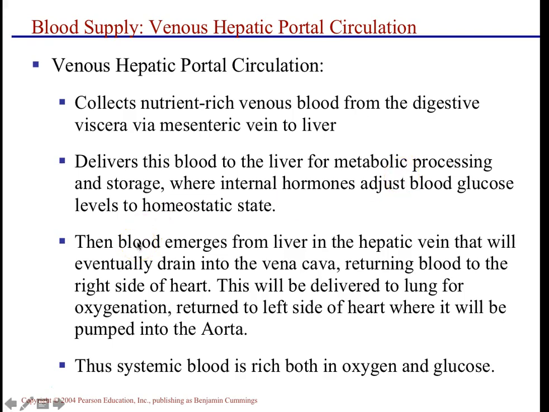Then that blood coming out of the liver is going to use the hepatic vein that will drain into the vena cava, returning the blood to the right side of the heart.